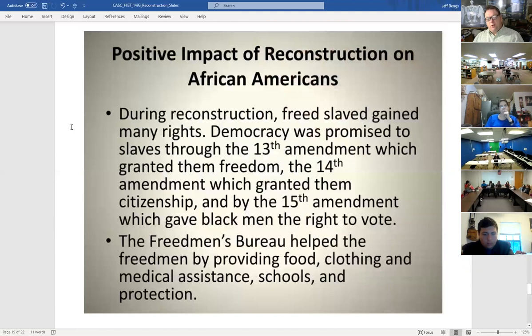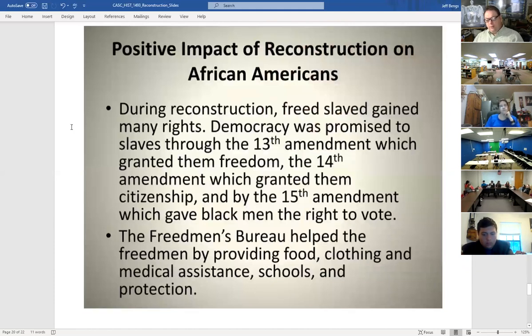There was also a battle between northern bankers and southern farmers and laborers between whether we should have gold only in our currency, or should we keep this paper money that was printed during the Civil War called greenbacks. And they're called greenbacks because of the green dye.